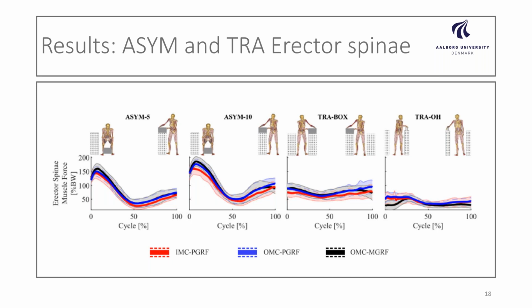So it kind of falls back to the kinematic input, because when we look at the optical motion capture models with predicted ground reaction forces, with blue here we can see it follows better the trend as the optical motion capture model with measured ground reaction forces.